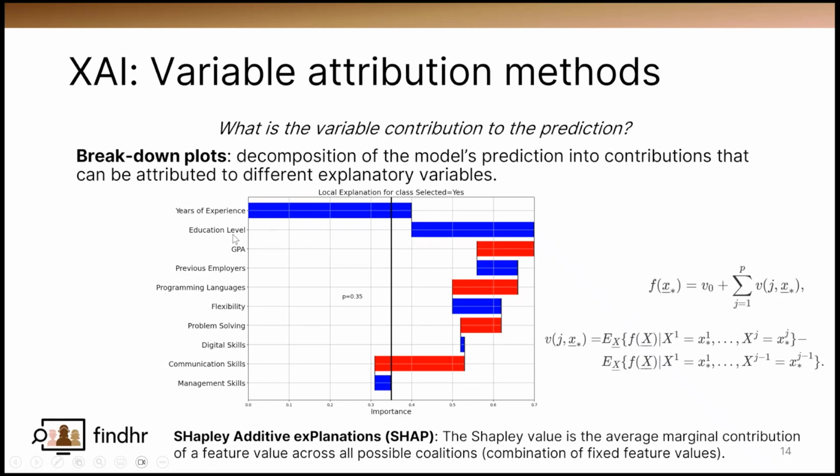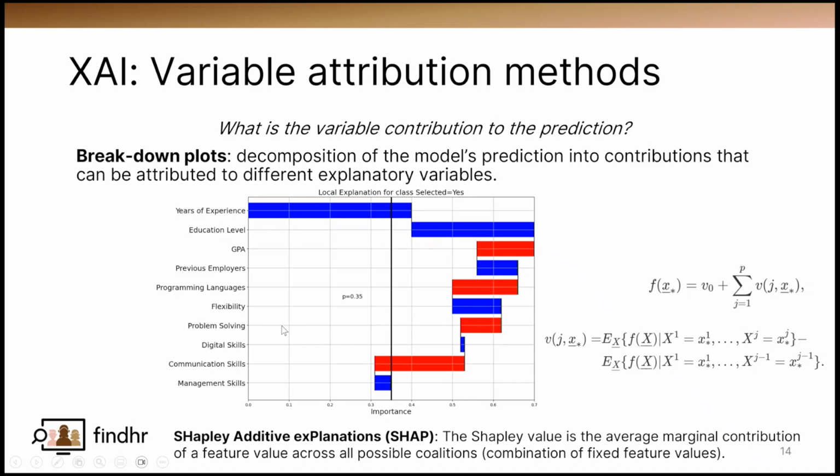If we add also education level, the score would increase. The GPA of that person instead is shown in red because it would decrease the score. Okay, so by considering adding more and more features of the specific person, we arrive at the final predicted score.